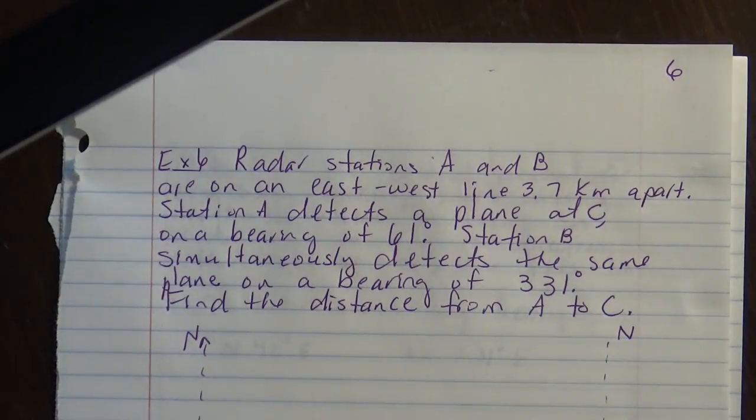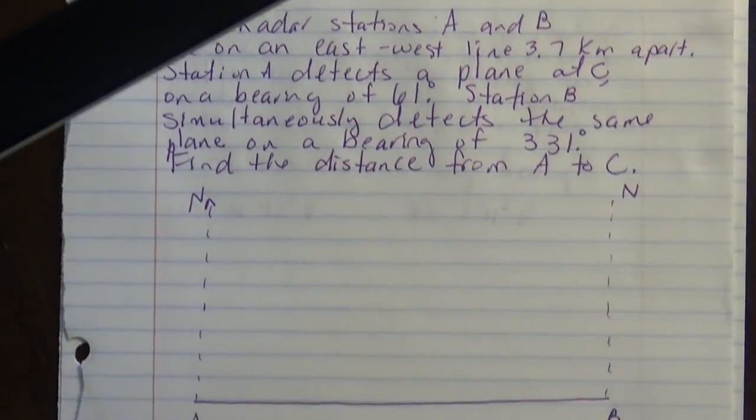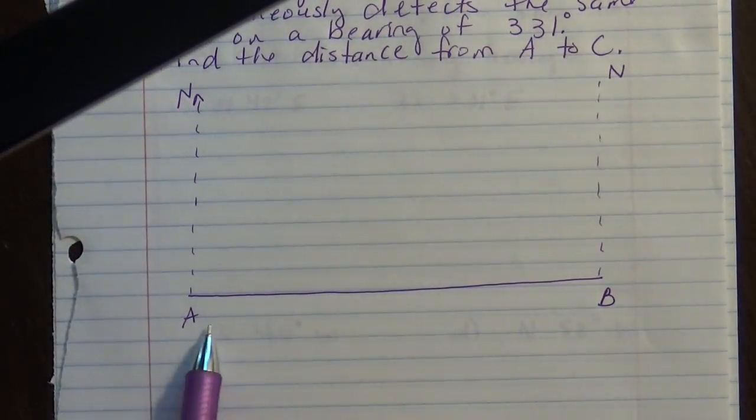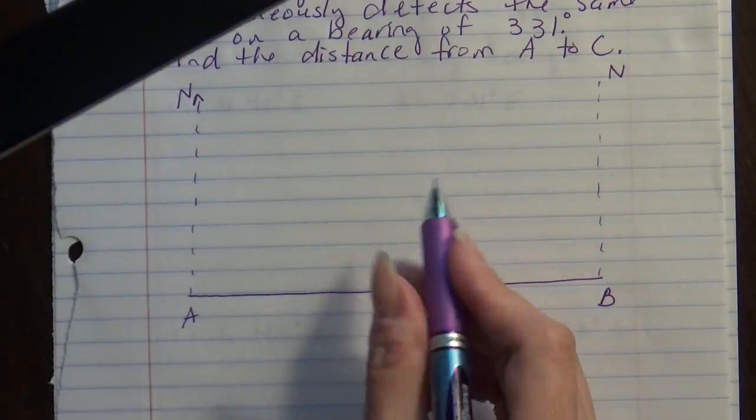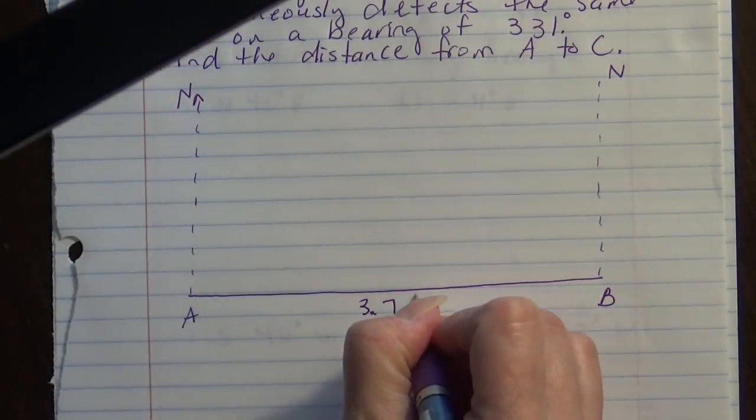Okay, so we see that radar stations are on an east-west line, so you can draw just a horizontal line. Stations A and B are on this line, and they are 3.7 kilometers apart.